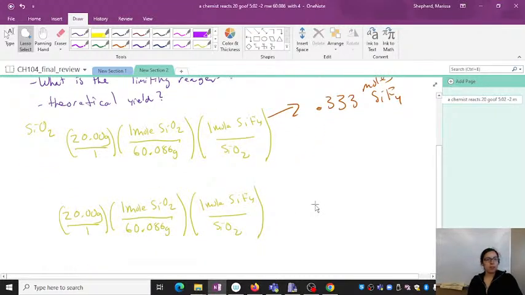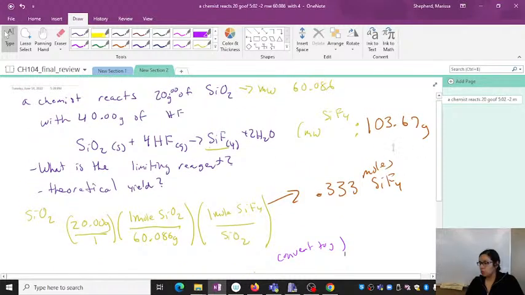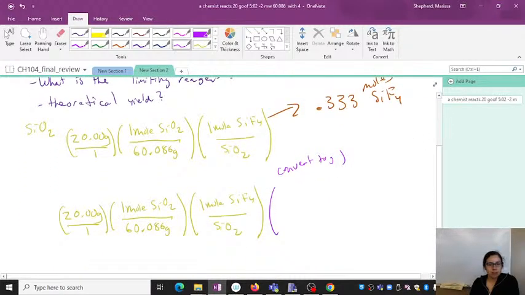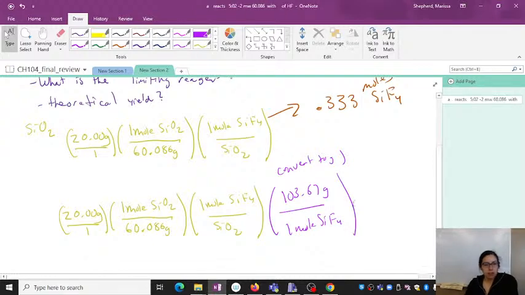And so if we go on and convert to grams, we can just multiply it by our molecular weight, 103.67 grams for every 1 mole of silicon tetrafluoride.